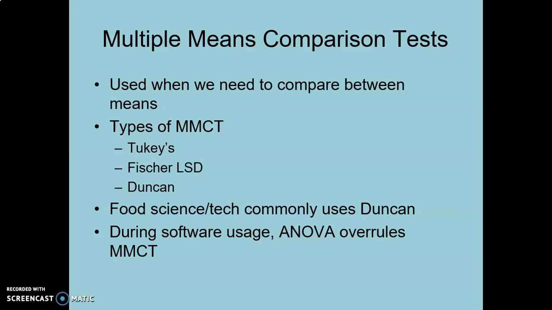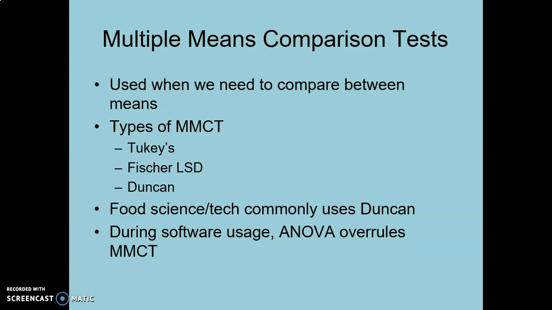For example, if you have four sets of data A, B, C, and D, and at least one set is significantly different from the others, then ANOVA will give a result of there is a significant difference between the sets of data.